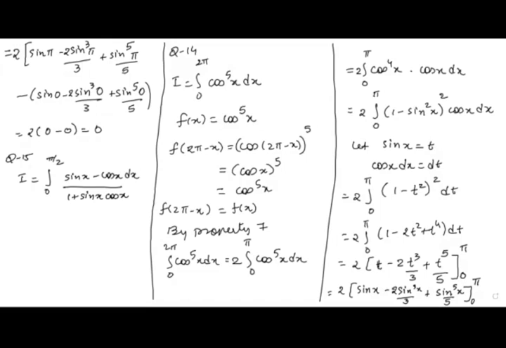So using property 5, I can replace this x by a minus x. That is over here, a is pi by 2. Leaving this as equation 1.